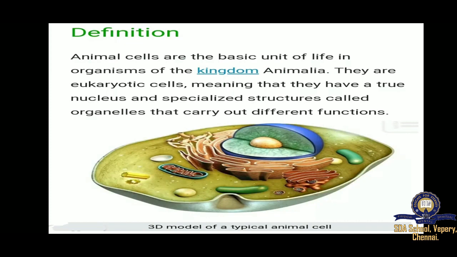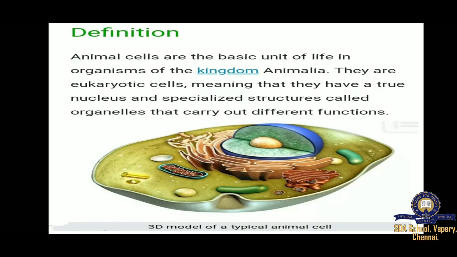Now we are going to discuss the difference between animal cells and plant cells. How do plant and animal cells differ? Both plant and animal cells are eukaryotic, so they contain membrane-bound organelles like the nucleus and mitochondria.